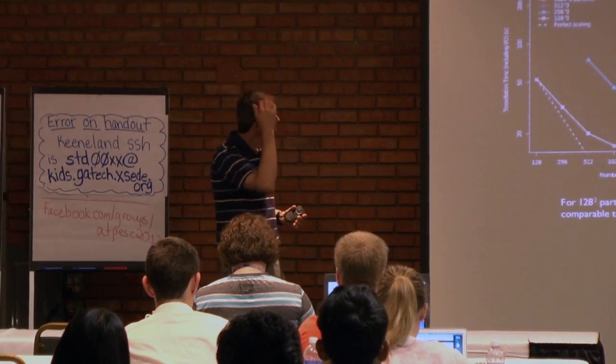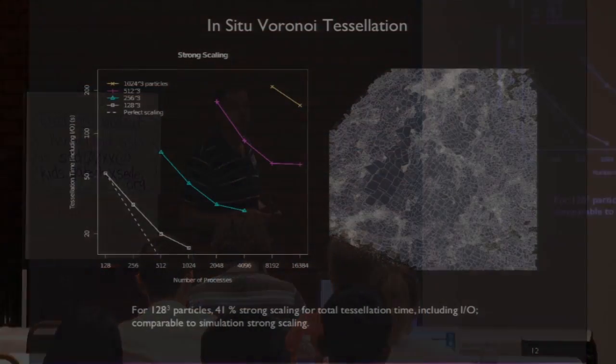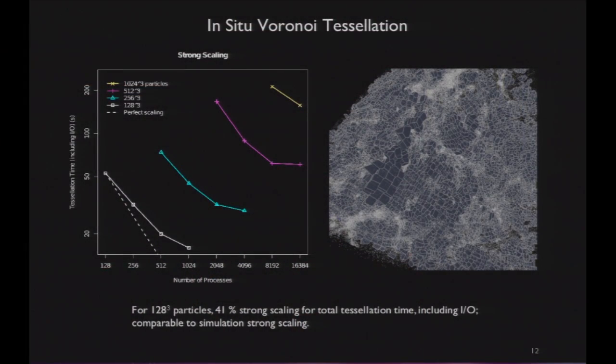And the last one here is computing a Voronoi tessellation from a particle data set. This is an n-body simulation of cosmology. You've probably seen the HACC simulation earlier in the week or last week. That's this code with Voronoi tessellation embedded directly into the code and running in production inside of it. Voronoi tessellation is a mesh where the size of the cells is proportional to the distance between the particles.